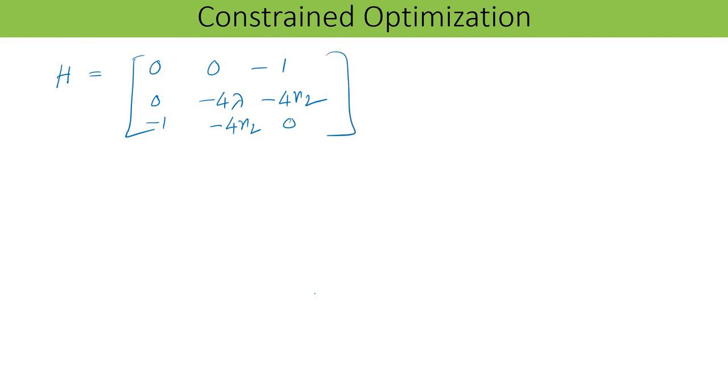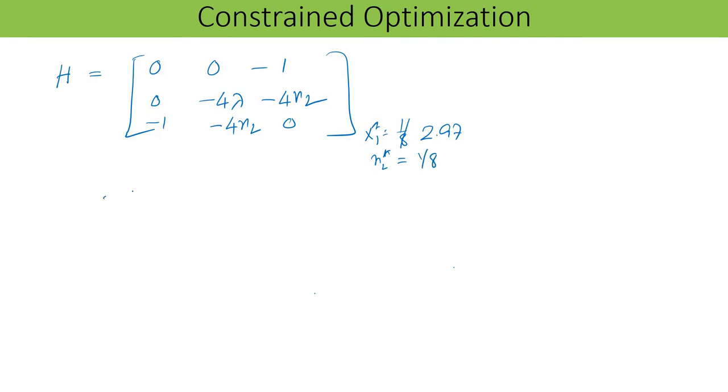Okay, so put in the values at x1 star equal to 2.97 and x2 star equal to 1 by 8.